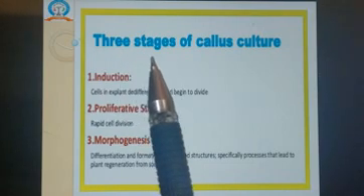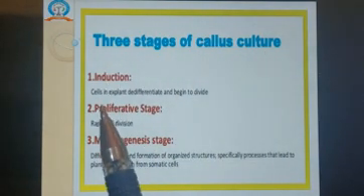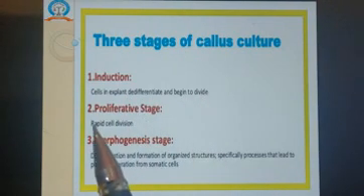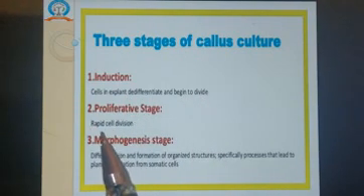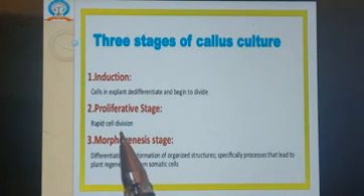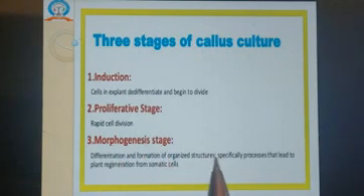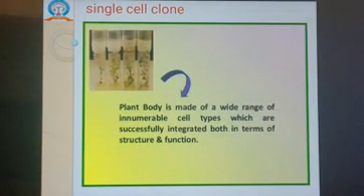So there are 3 stages of the callus. First, the induction stage: the explant cell is de-differentiated and begins to divide. Second is the proliferative stage, rapid cell division, meaning fast cell division, which produces a blob. Then the morphogenesis stage: differentiation and formation of organized structure, a special process that leads to plant regeneration from somatic cells, which have the capacity to regrow.